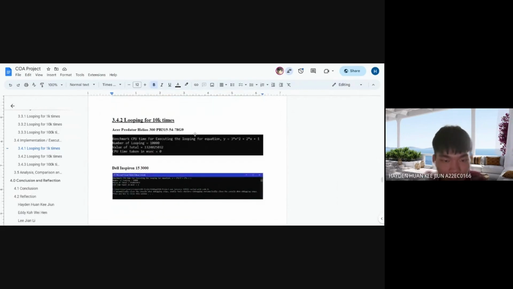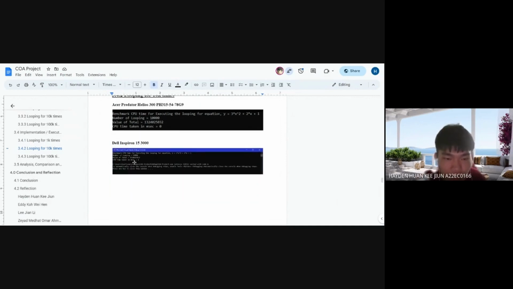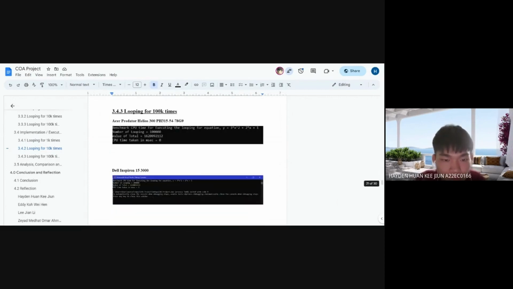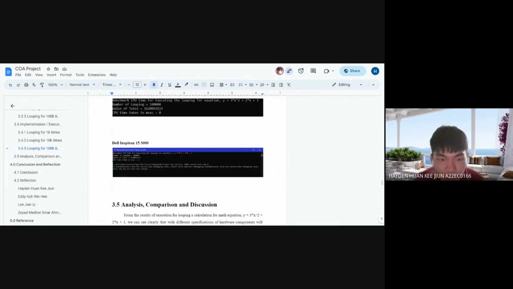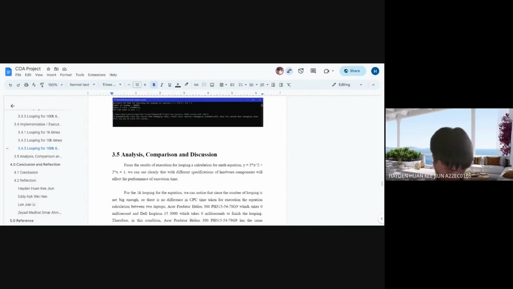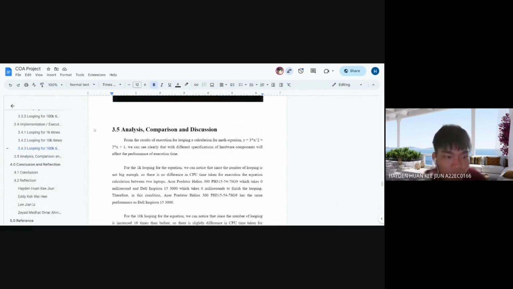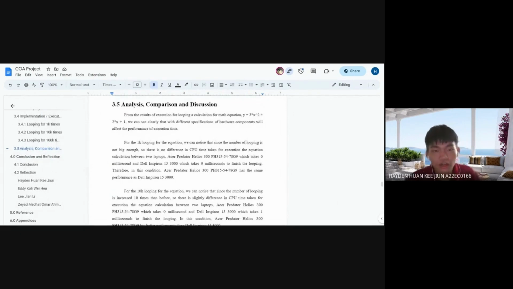Then for 10K, the Dell Inspiron 3000 needs 1 millisecond to run this program, but the Acer Predator still maintains 0. Then for 100K times of looping, the Acer still maintains 0, but the Dell increases to 2 milliseconds. So we go next to the analysis, comparison, and discussion part.